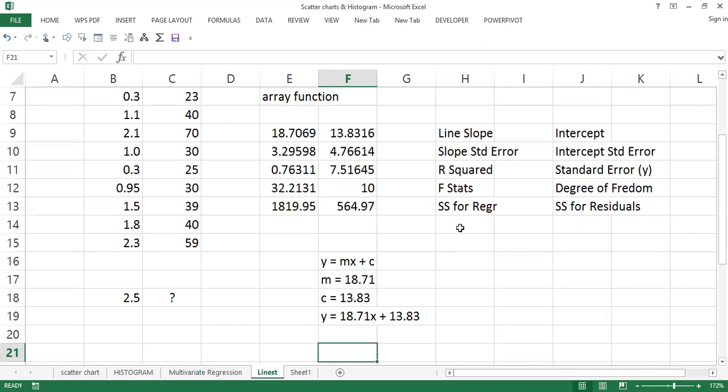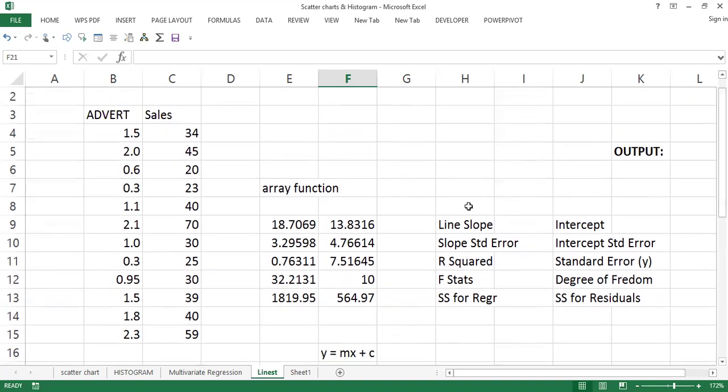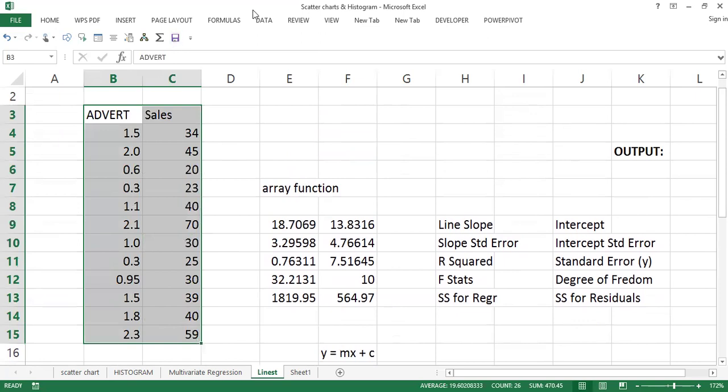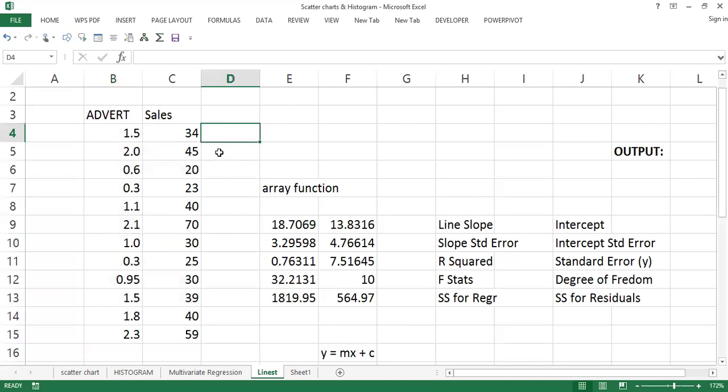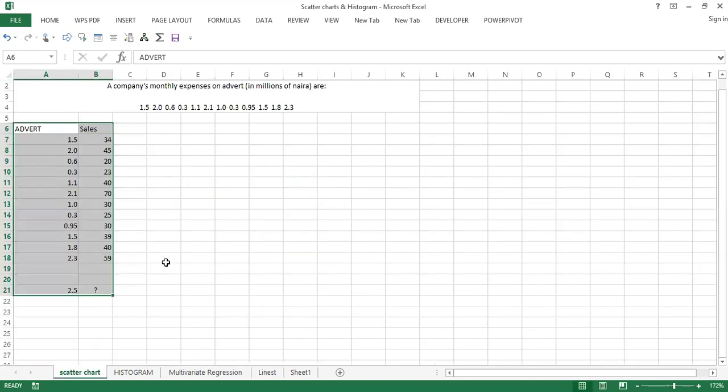If we were to use a scatter plot, would you have gotten the same thing? Do you think it's the same thing? I think it should be the same thing. Look at it.